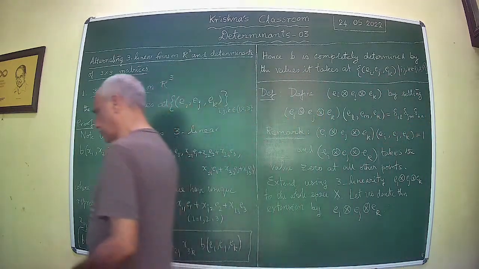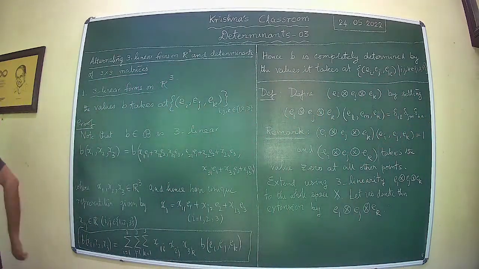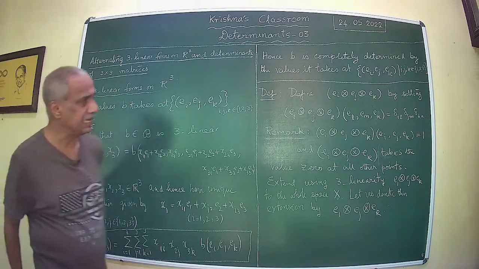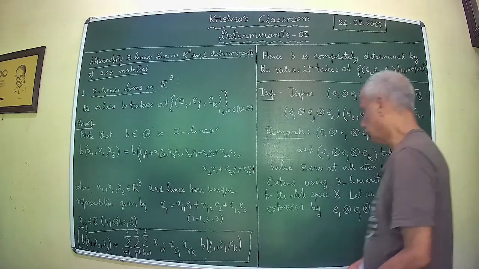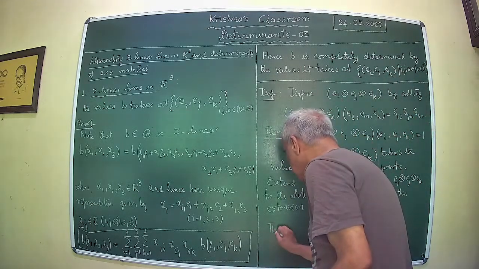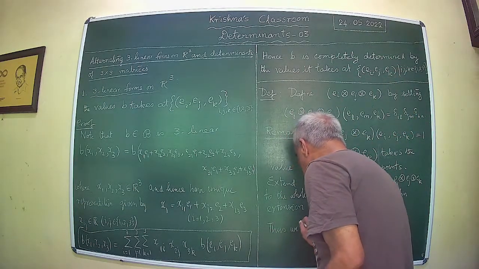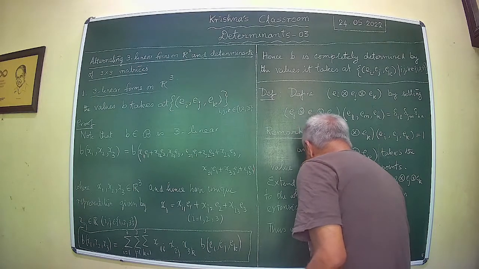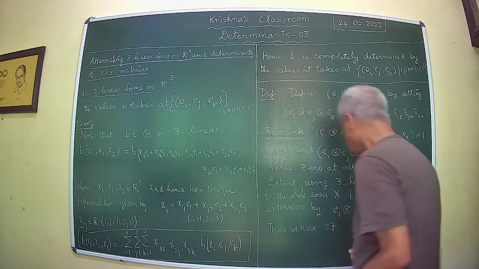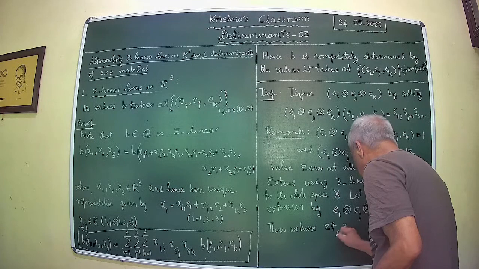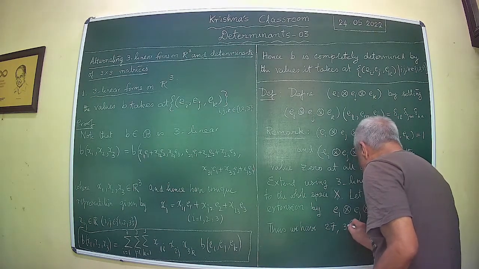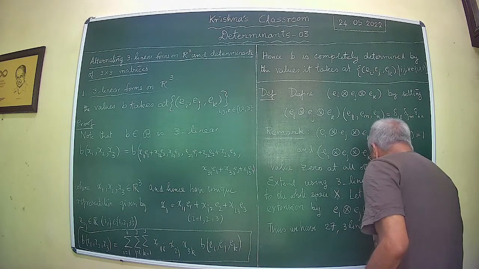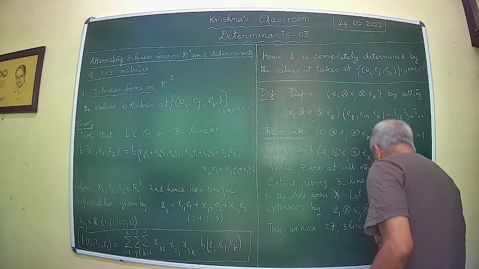So we have now 27 trilinear functionals defined on R3. Thus we have trilinear forms.